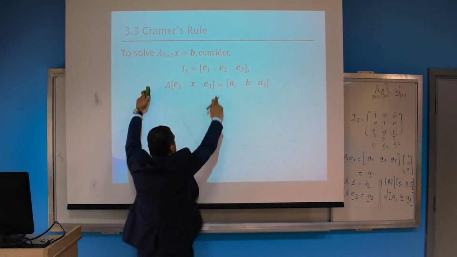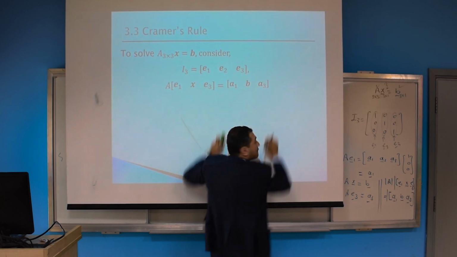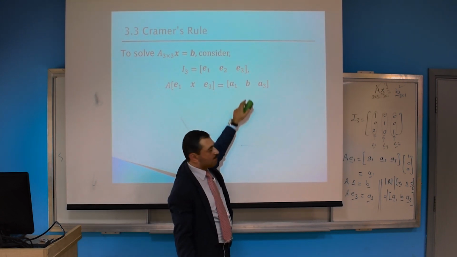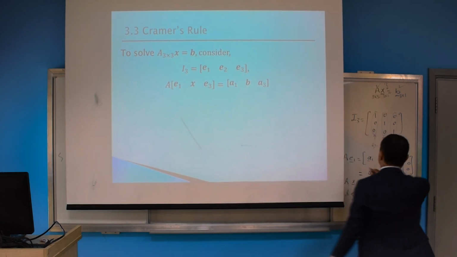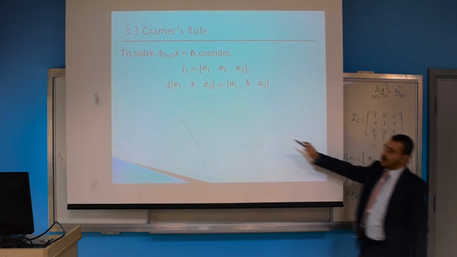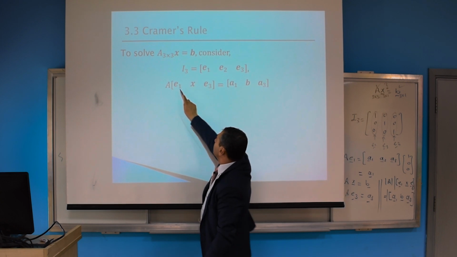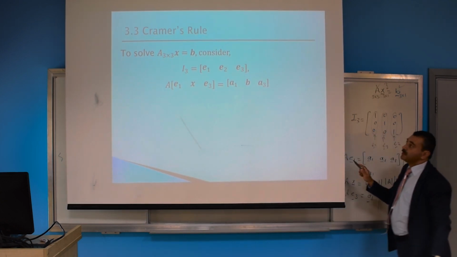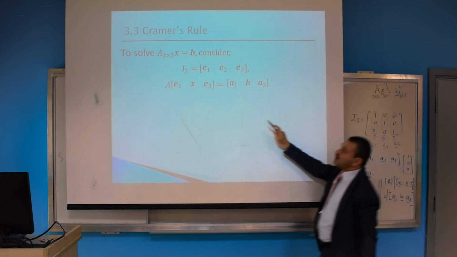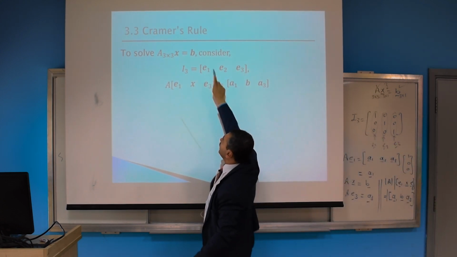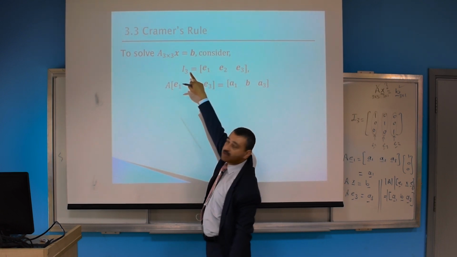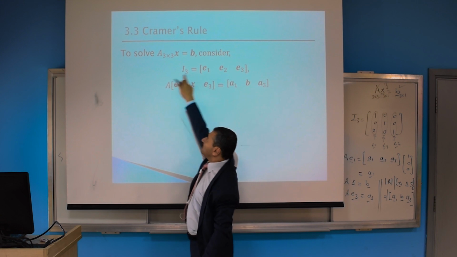I'll take the determinant of both sides. Now, A times E1, and the result I'll put in the first column. These are E's from the identity, and I replace the second column of the identity with X and define this matrix.